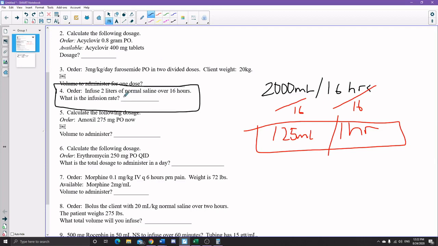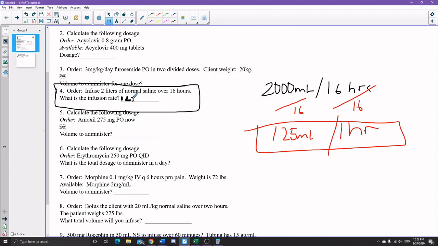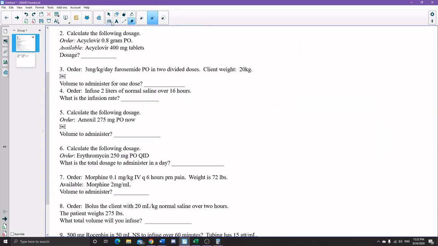So that's the infusion rate. 125. I cannot write. Per 1 hour. ml. Okay? So it's pretty simple. Most of these are.